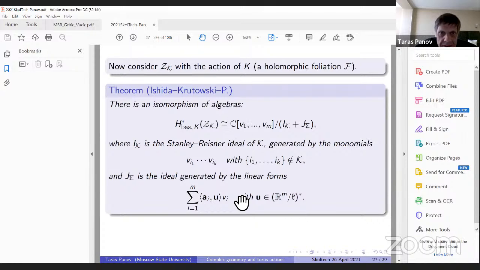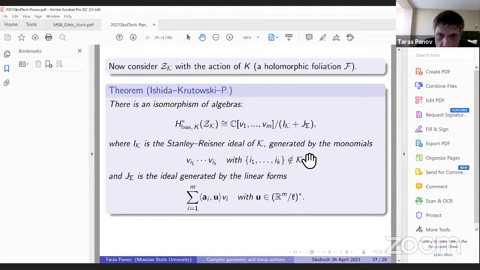In this case, we can say this result, which settles some problems which people asked about maybe several years ago: how the basic cohomology of those complex analytic moment-angle manifolds, or other classes like LVM manifolds, looks like. And actually the answer is the same as in the toric case.